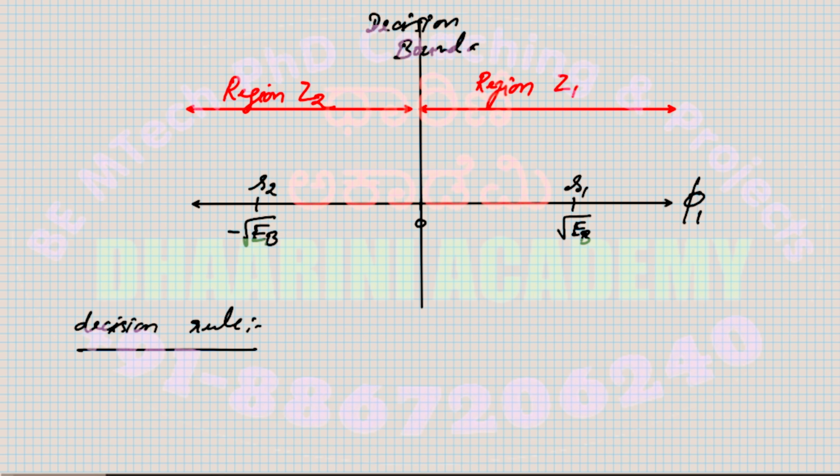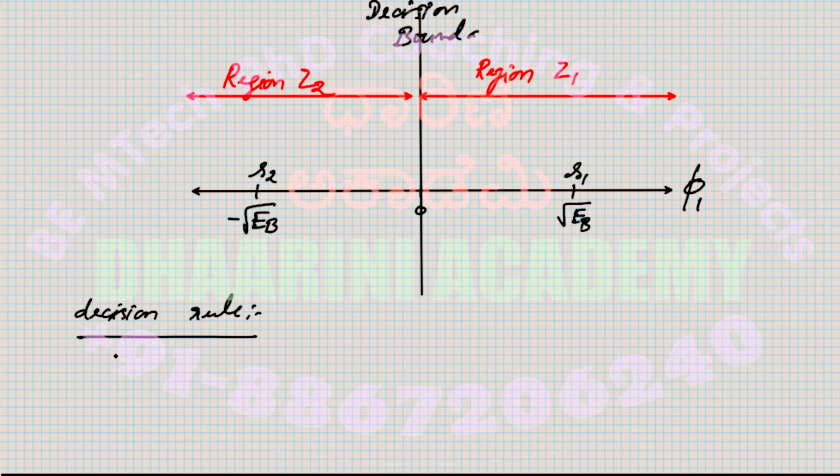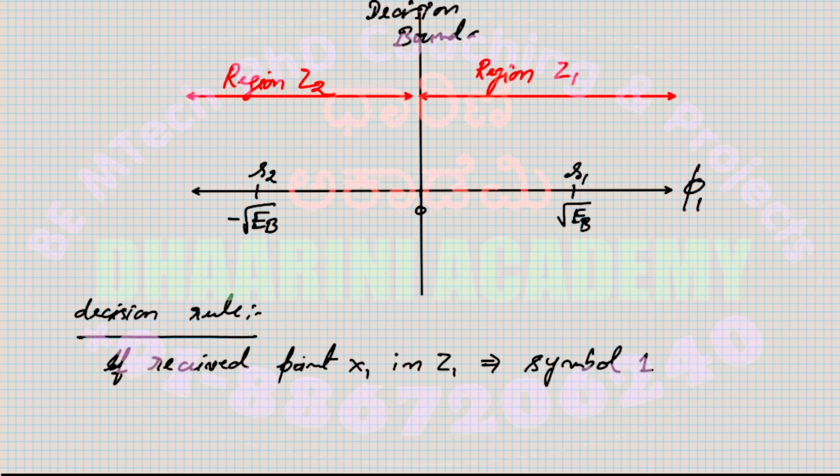So if the received point X1 is in Z1, you decode that as symbol 1.